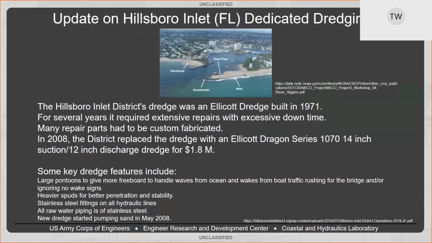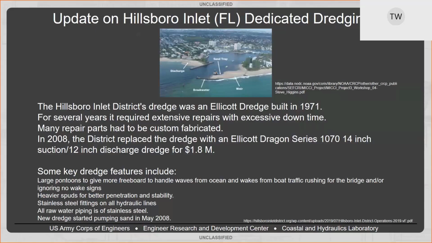Each is just an example. The Hillsborough Inlet District has been dredging since 1961 with an Ellicott dredge. The dredge was getting old and too expensive, so in 2008 they replaced it with another Ellicott Dragon series, larger dredge, 14-inch suction, 12-inch discharge, for a price of $1.8 million.